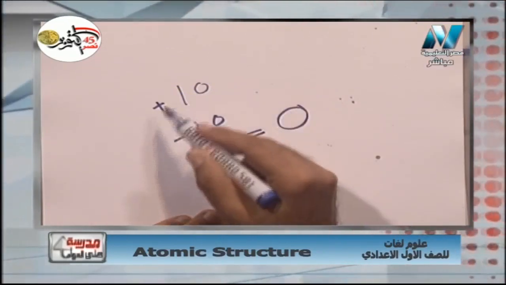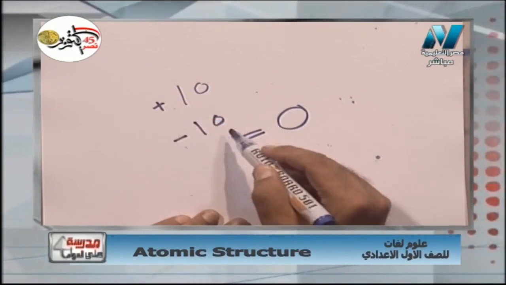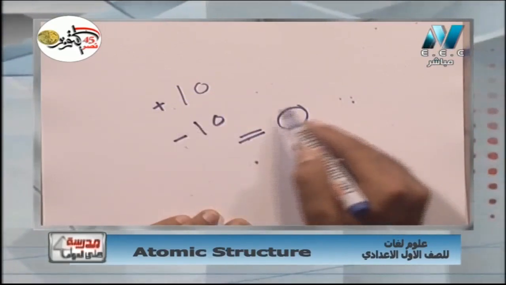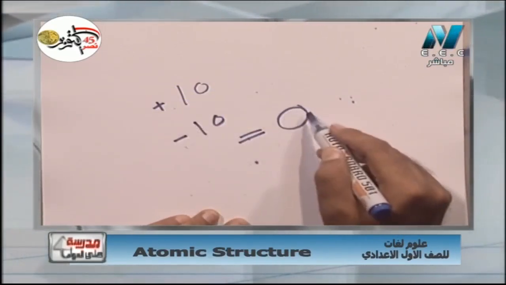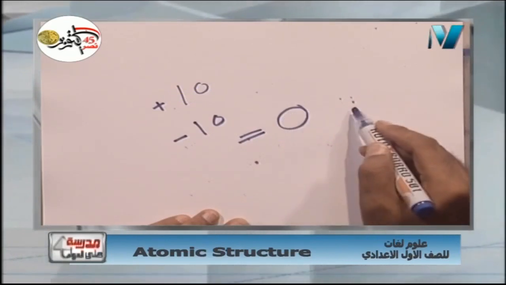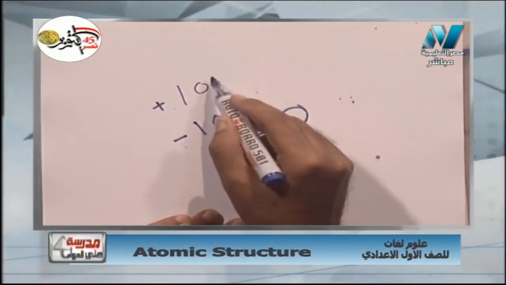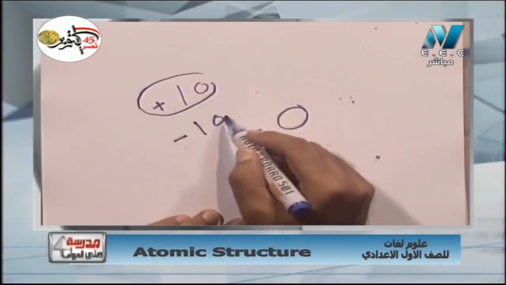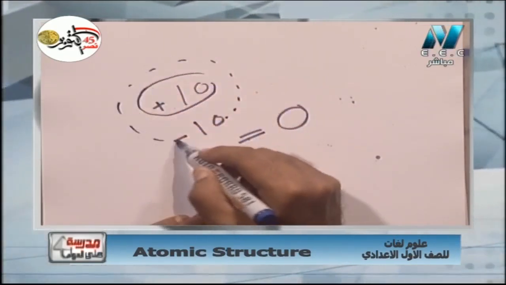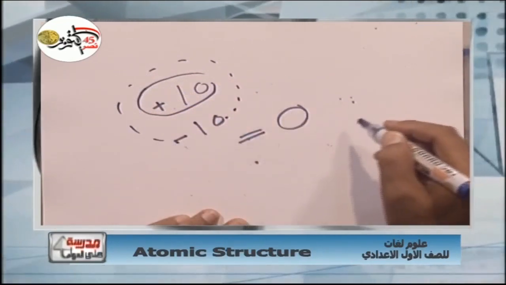Negative cancels positive, so they cancel each other, and the whole charge equals 0. It's not charged at all. So if an atom contains 10 protons and 10 electrons, it is not charged.